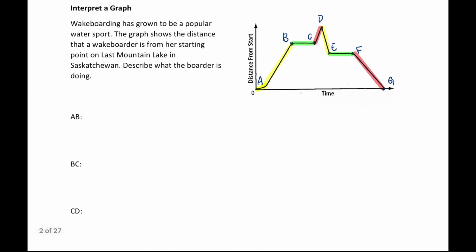Let's take a look at A to B. From the graph, we could assume that the distance is increasing, and it kind of starts slowly, like it didn't have as steep of a change in the beginning. So we know that this wakeboarder has started slowly, but speeds up quickly after.